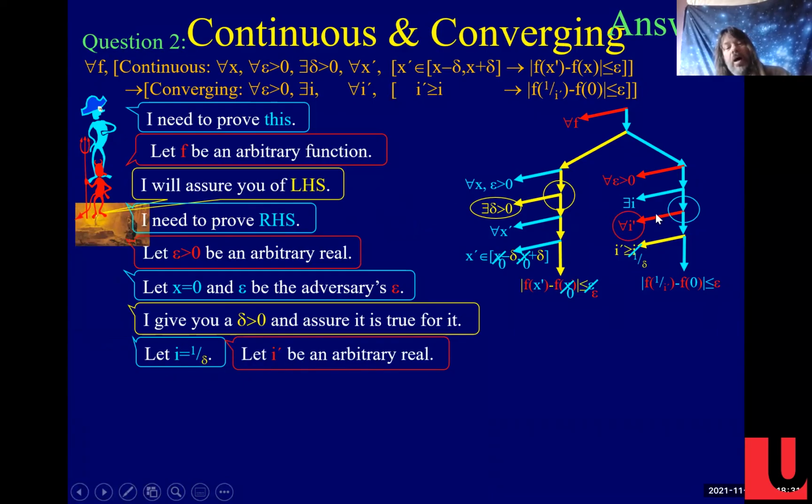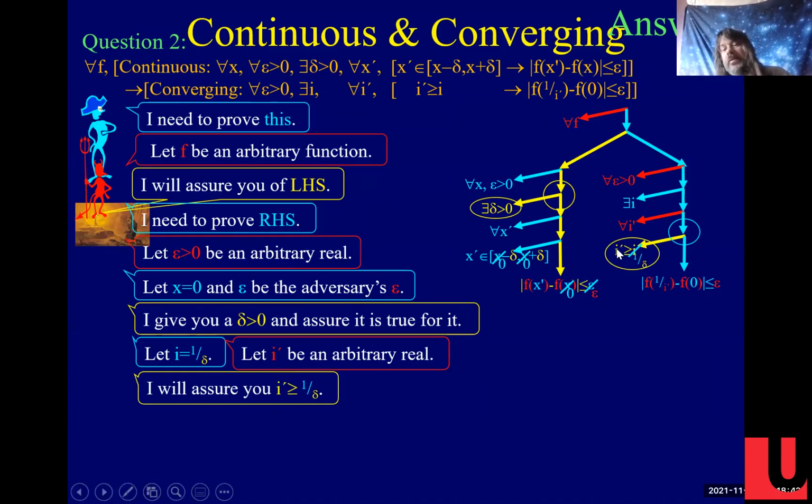We let I prime be some integer. And the adversary assures us that I prime is bigger than I, and I is 1 over delta, right? So that gives us that I prime is bigger than 1 over delta.